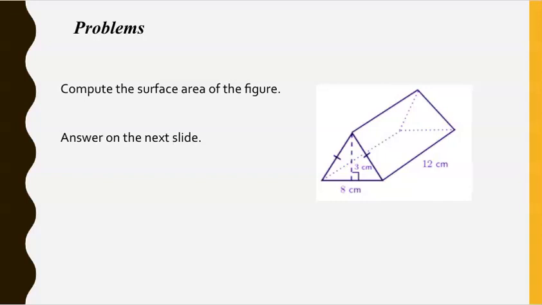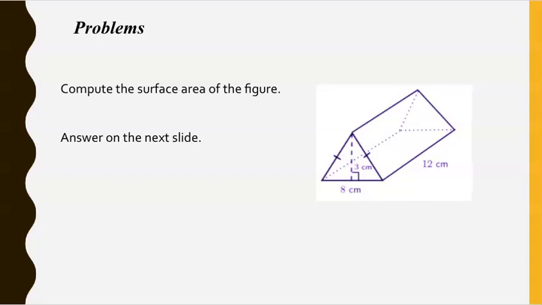Let's start with the triangles. So the triangular face has a base of 8 and a height of 3. If I use the formula for the area of a triangle, 1/2 base times height, or base times height divided by 2, I would multiply the 8 times 3 and get 24, and then divide by 2 and get 12.